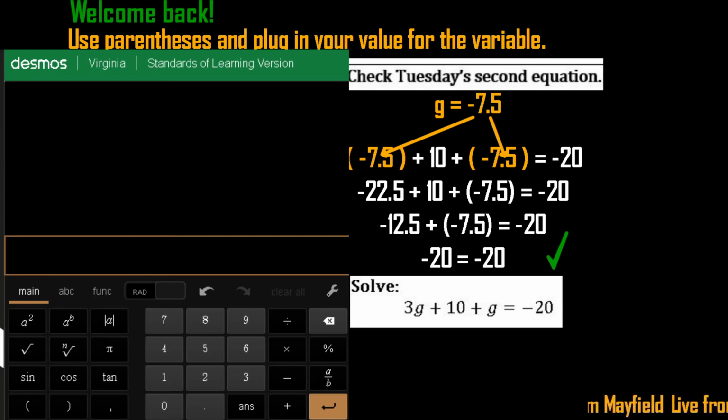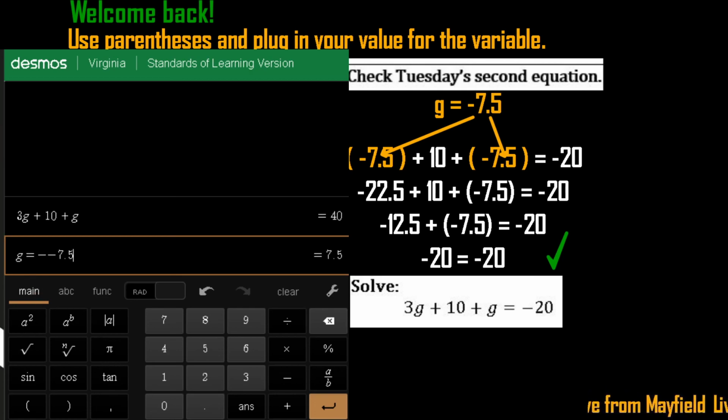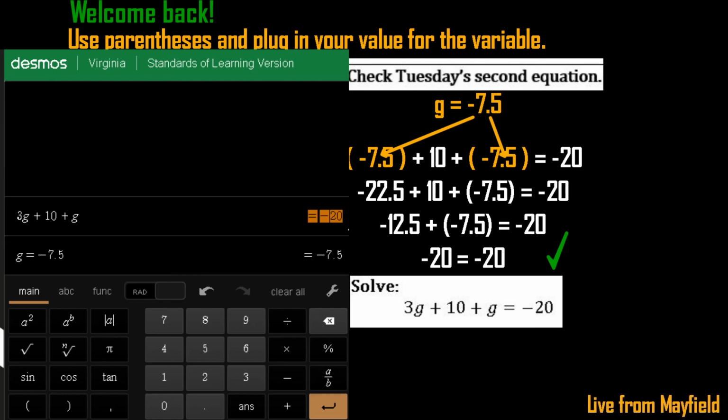Let's say our original equation is 3g plus 10 plus g. We're saying, is that equal to negative 20? Well, if we plug in and define our variable as g equals negative 7.5, not quite, let's try that again. Negative 7.5. We know we are good. Again, if the left side of the equation is equal to the right side of the equation, we know we are good.